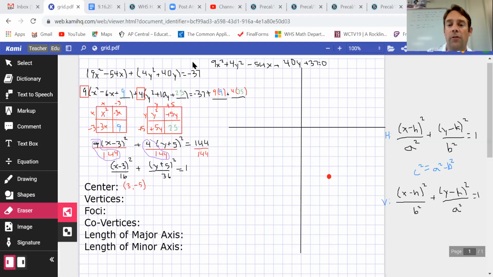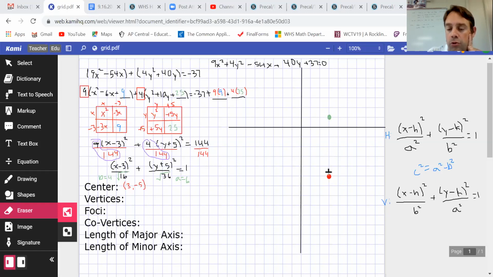We're going to go ahead and graph our vertices and our co-vertices. So here's my b value. Since that's a smaller number, b is 4. My a value is right here, square root of that number, so that's 6. Since bigger numbers are underneath the y, I'm going up and down 6. So 1, 2, 3, 4, 5.